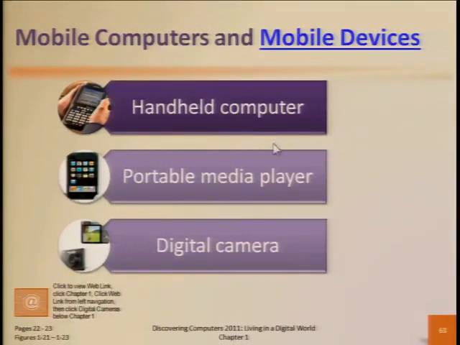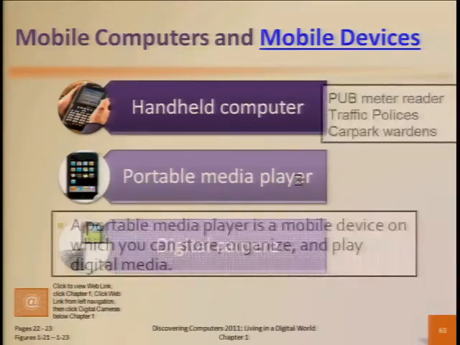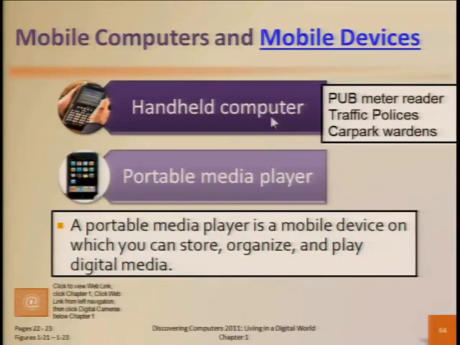Okay, there are 3 more here, right? Under the mobile devices, we have handheld computers. And also we have portable media players and digital cameras. For the handheld computers, I think you most likely don't like them, especially when you drive a car, because the traffic police usually carry one. Or the car park warden also carries one. In the past, you could run away. Now with that thing, they generate a ticket on the fly. They just key in the number, they generate it.